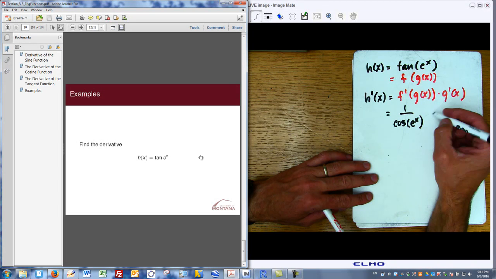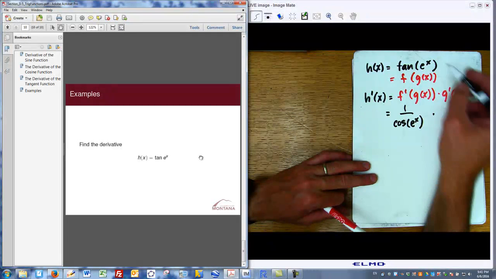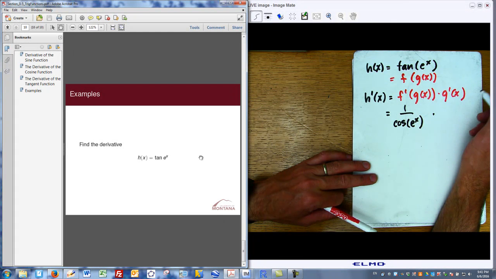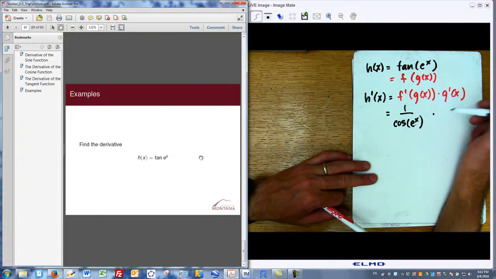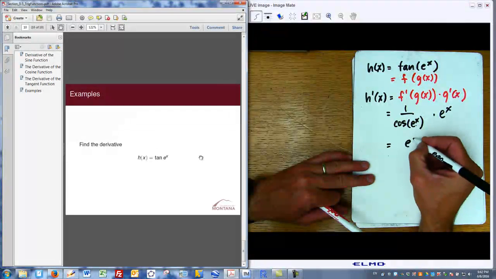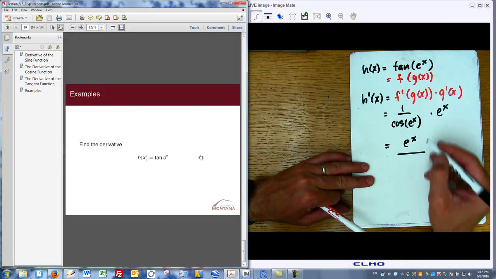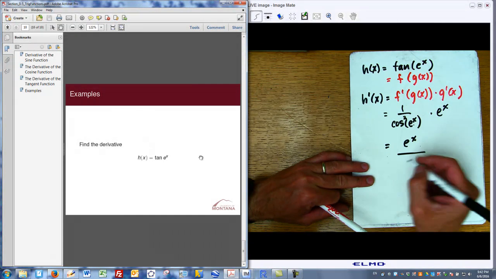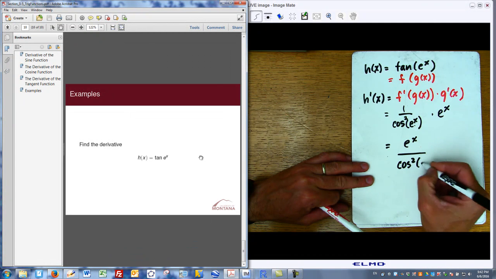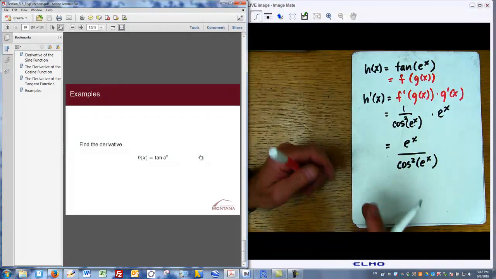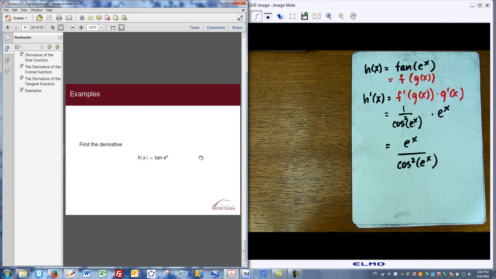That's the first piece. And then we multiply by the derivative of the argument. So g of x is e to the x, and its derivative is just e to the x. So e to the x over 1 over the cosine squared of e to the x. And I believe that's the derivative for that one.